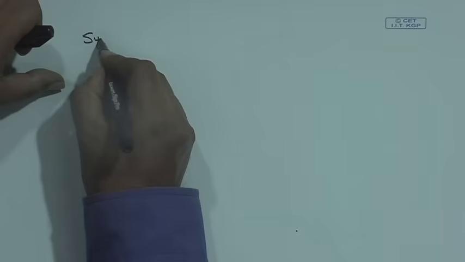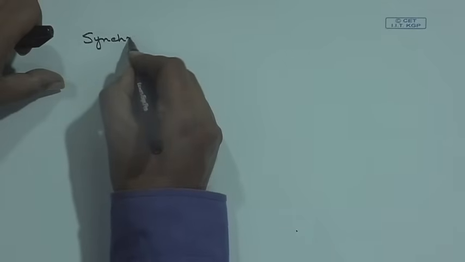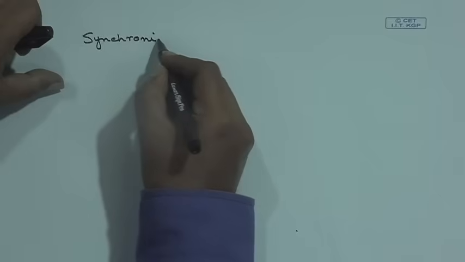Now, we have seen many desirable features of our specification languages. We have already taken care of hierarchy and concurrence through state chart. But there are some other issues we need to bother about. One is synchronization.